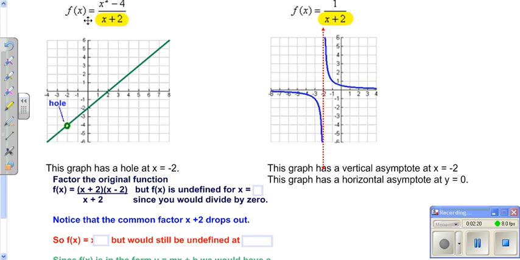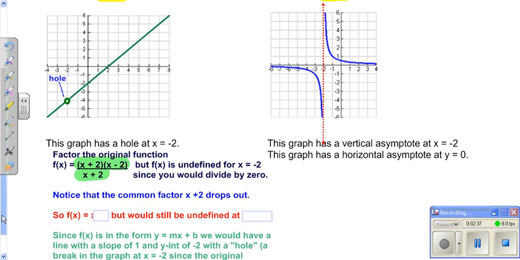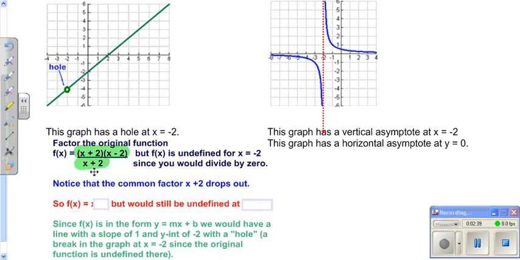Now, when you look at this first function, the top is really a difference of squares. So then it factors into this over this here. You'll notice that this function is still undefined at x being negative 2 because that would cause the bottom to be 0. But we do have a common factor in the top and the bottom. That's your x plus 2's.